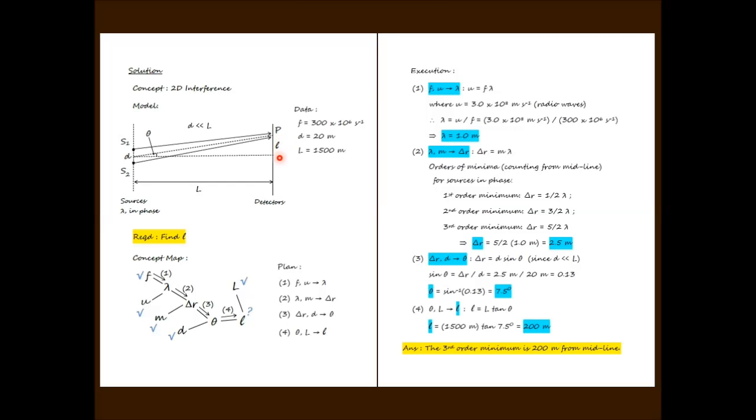When we check for small l over large L, we see that small l is 200 meters, large L is 1500 meters. This is also of the order of 1/10. So this is a check on the magnitude of our final answer.